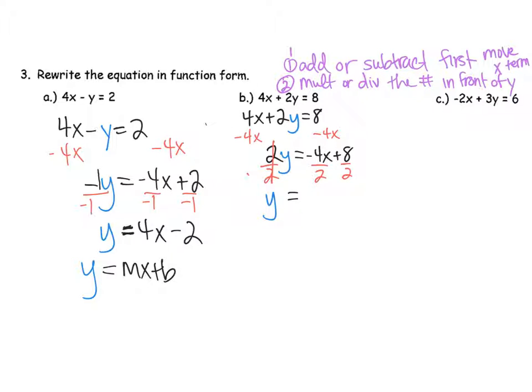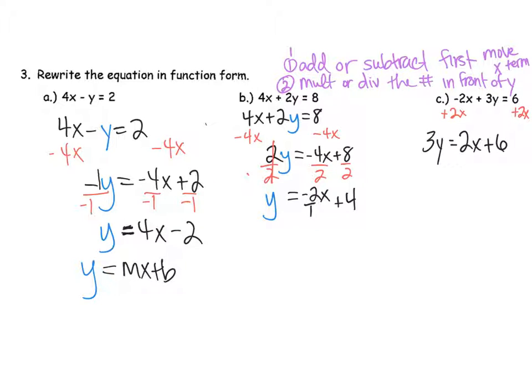What is -4 divided by 2? It's -2. It is not 1/2. If you really want to put a 1 underneath it, go for it. Okay, plus sign. What is 8 divided by 2? 4.